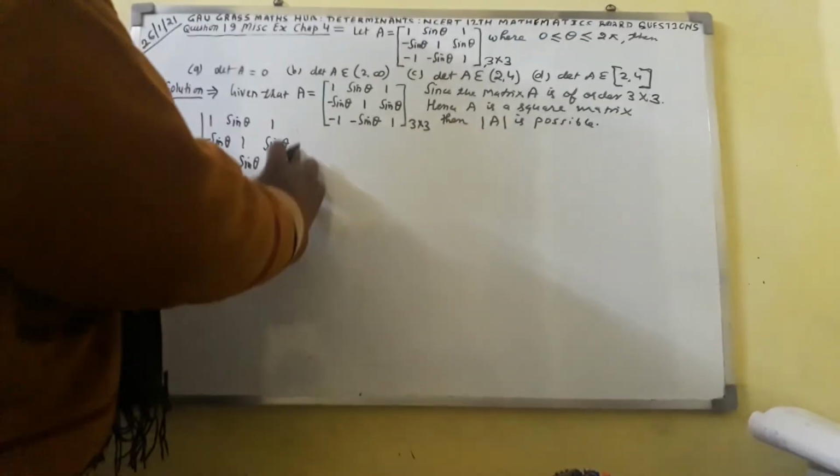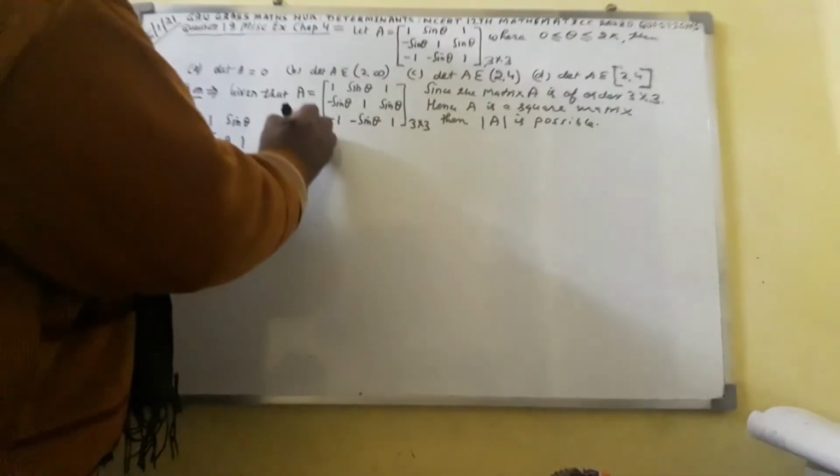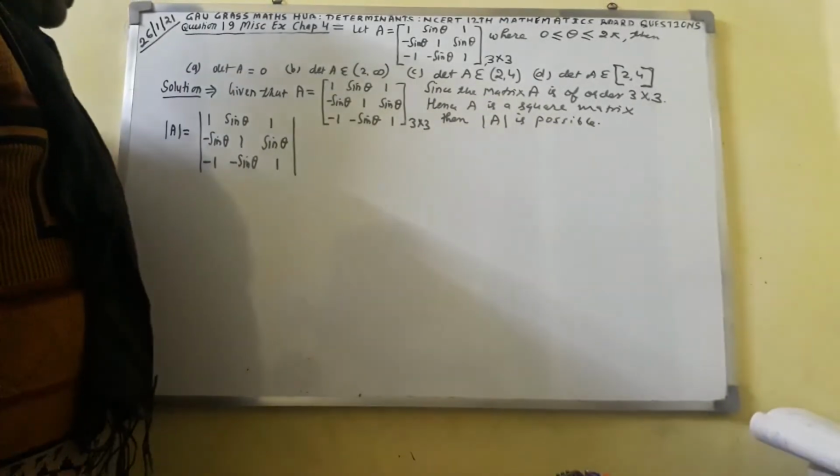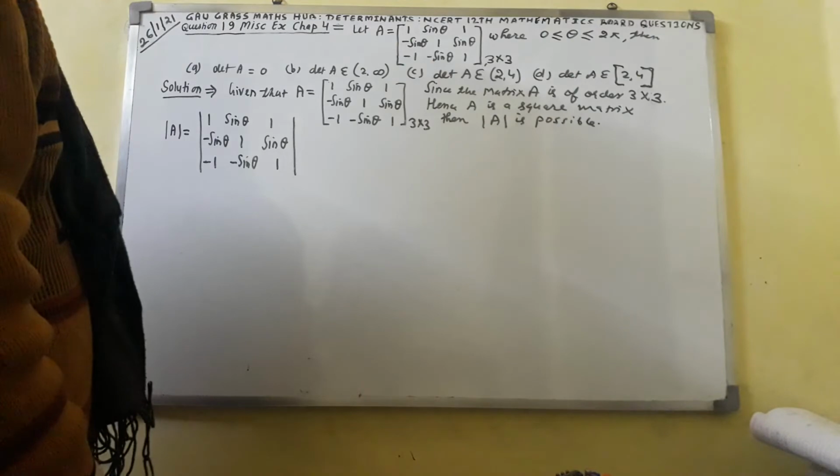This is det A. So what we'll do in this case, I am going to expand this determinant along first row.